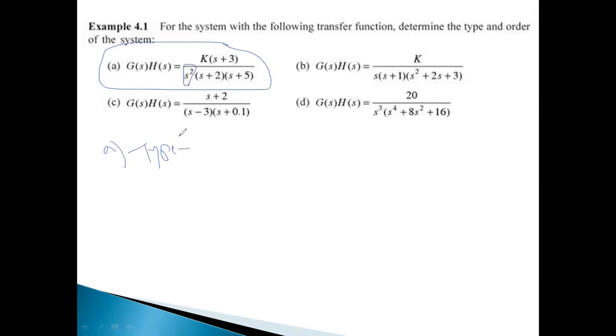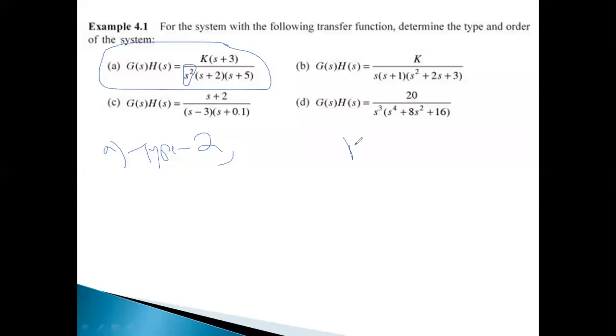Roots of the denominator polynomial are called poles. Poles present at the origin, s equal to 0: here we have 2. So this is called a type 2 system.